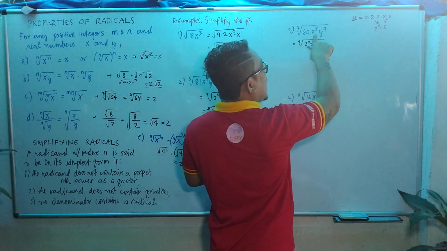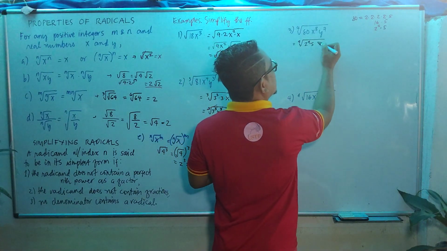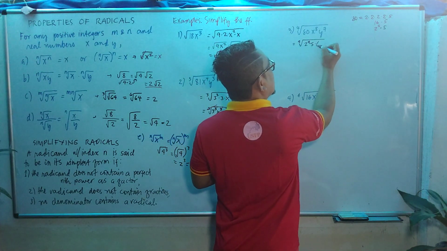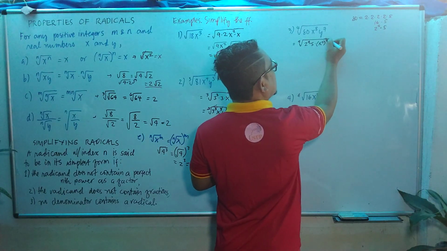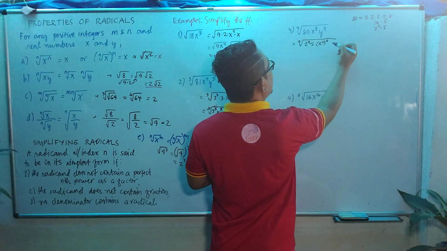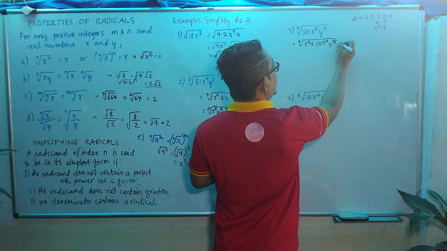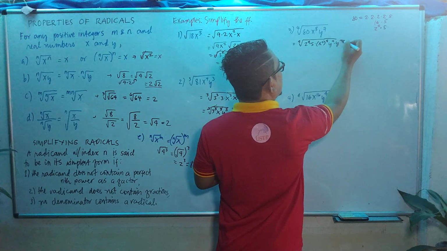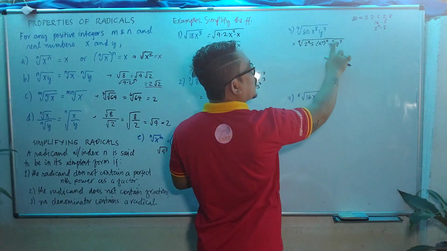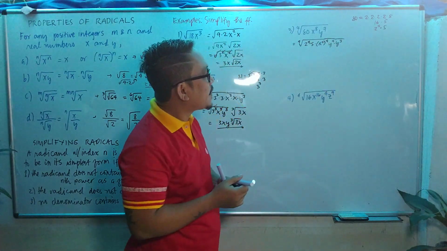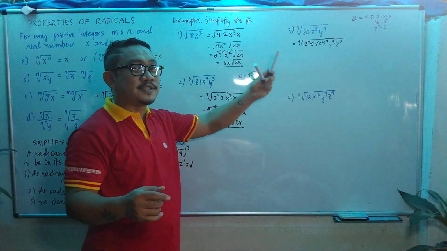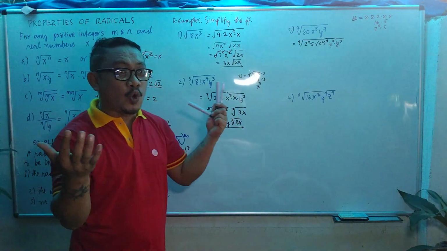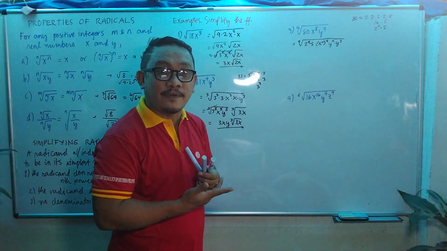So x to the 8 should be raised to the 4th, so you have x squared to the power of 4, because 2 times 4 is 8. While y to the 7, you have y to the 4th times y cubed, because 4 plus 3 is 7. It is the same process as before. We group together those with the power of 4.